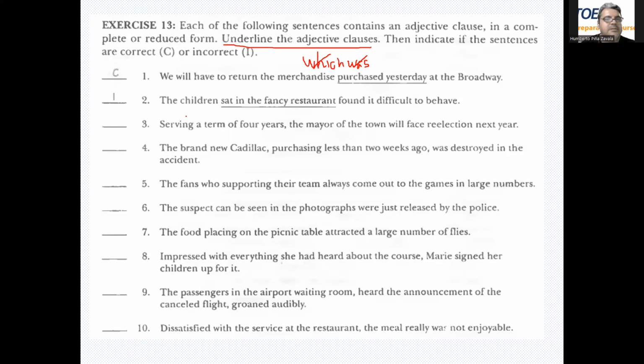We have, the children sat at the fancy restaurant and found it difficult to behave. So the original will be "the children who sat." So we eliminate who, the main verb had to change to sitting. Right? The children sitting in the fancy restaurant found it difficult to behave.